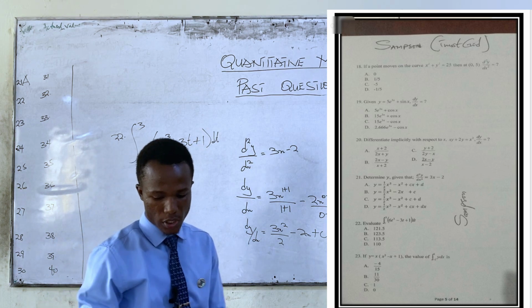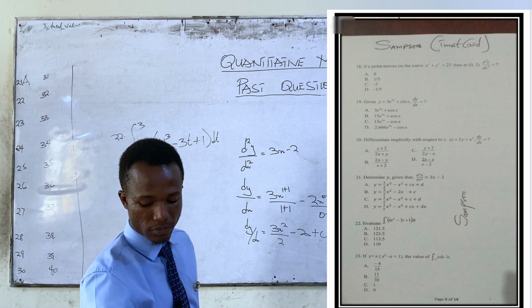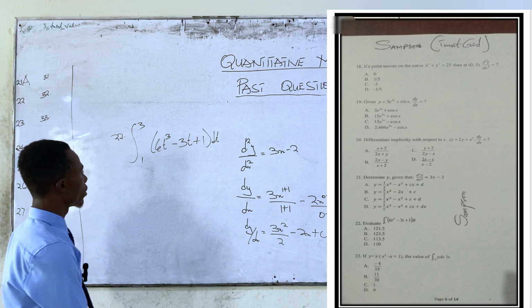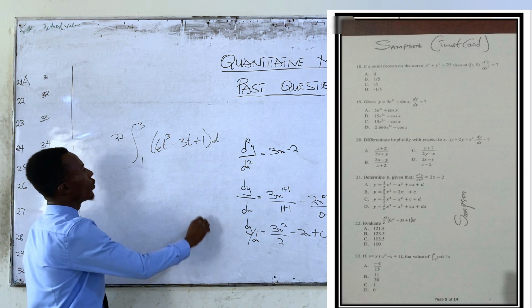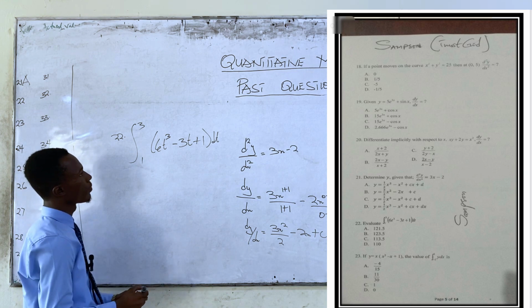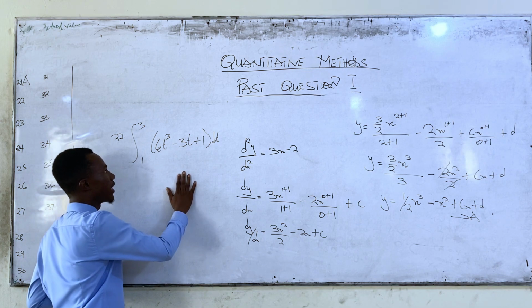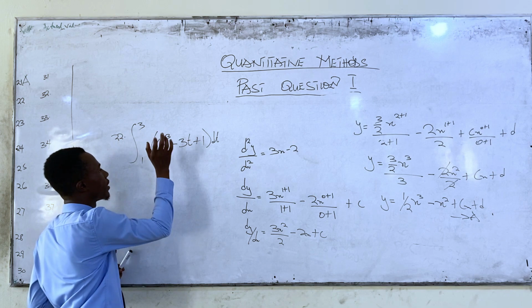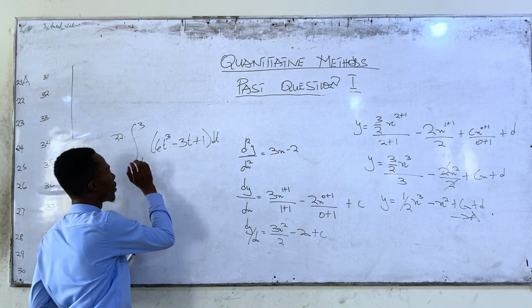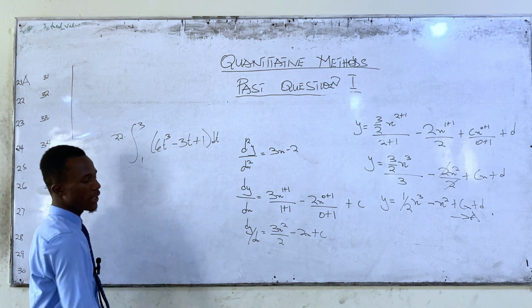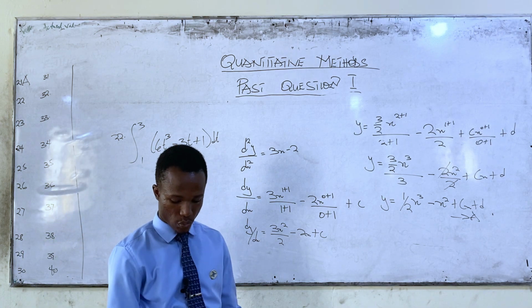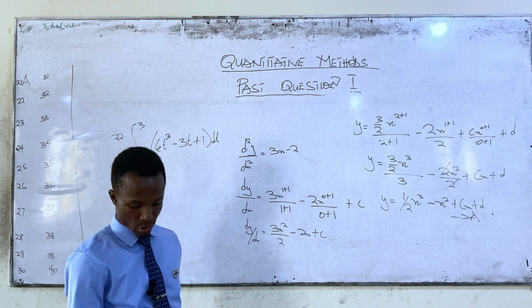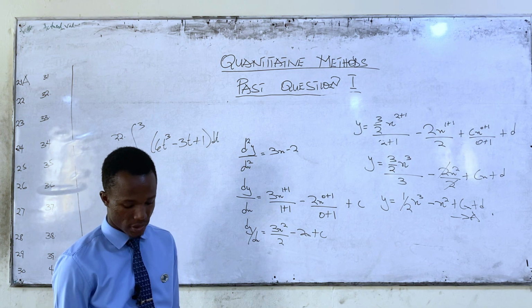So what we are going to do is integrate this, then any function that we get, we substitute the upper limit into it, then minus we substitute the lower limit into that same function. So that is what we are going to do. Should I give it to you to try? But you can still use the calculator to solve this question.